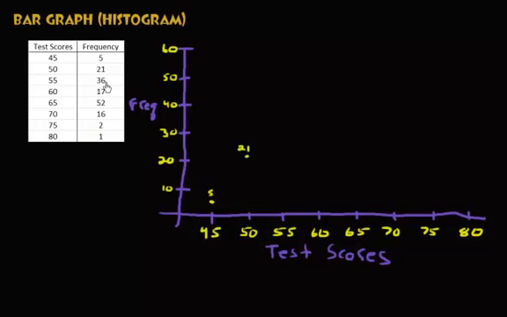Now we had 36 55s, so we'll move all the way up to 36. That's about right here. Alright, and then 17 for 60, that's about right there. 52 had a 65, so 52, that's up here.